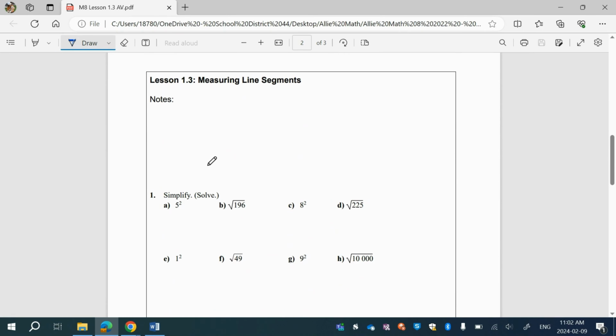Notes right here, the things that I want us to remember. I'm going to talk a little bit about the relationship between the side length and the area. So I'm going to write it out in words first. Side length squared equals area. Okay.